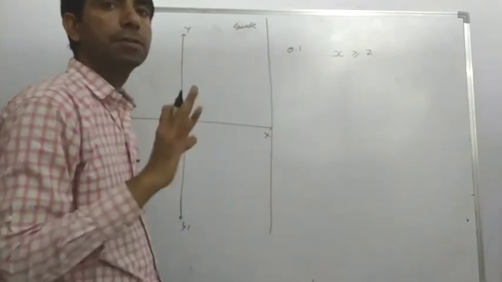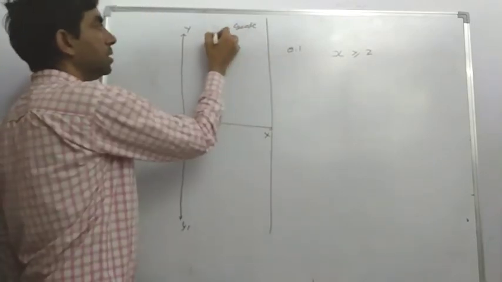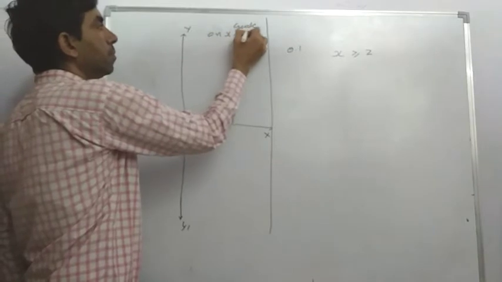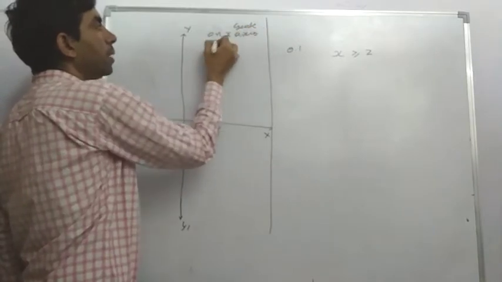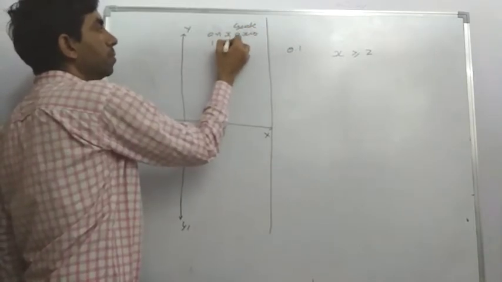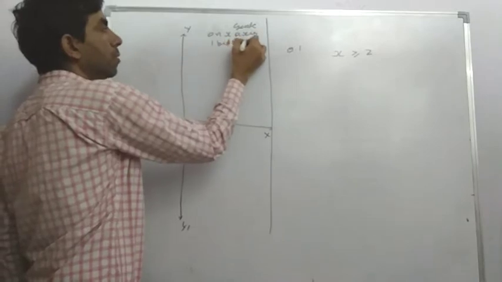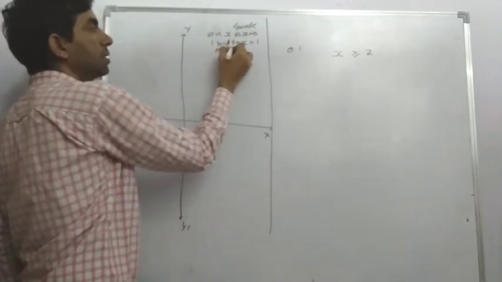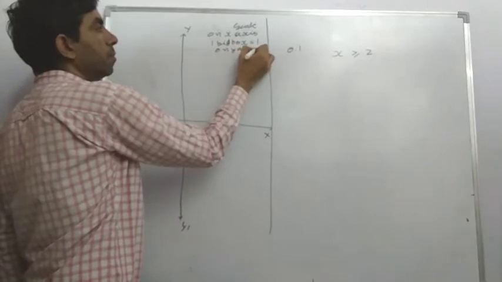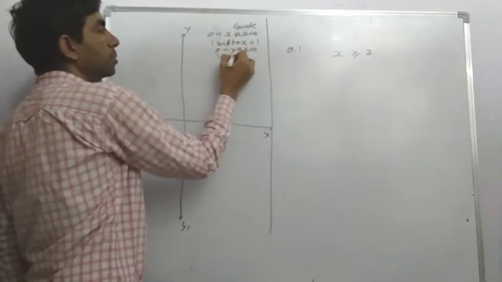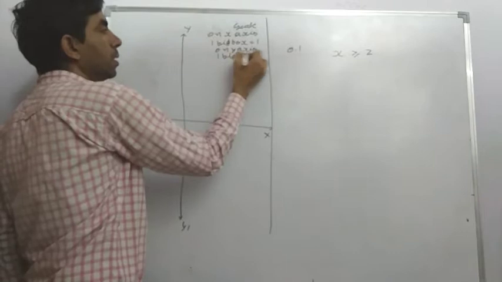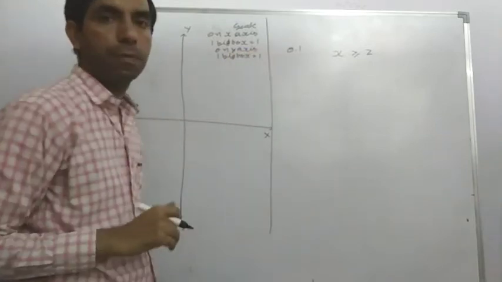Scale is always fixed. On the x-axis, one big box equal to 1; on the y-axis, one big box equal to 1.